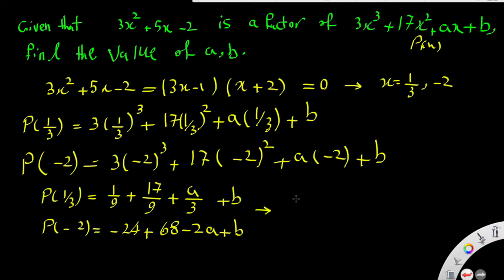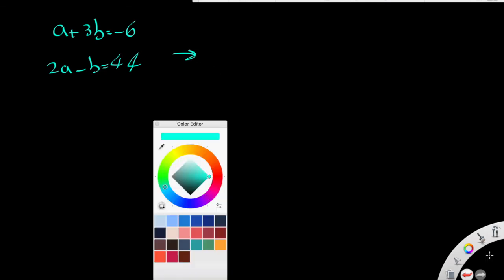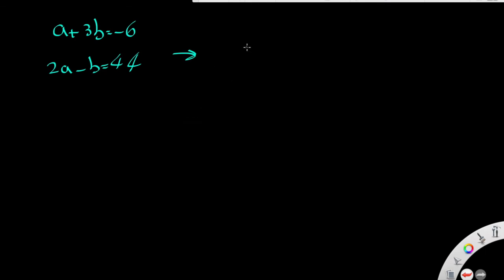After simplifying, you will have two equations: a plus 3b is equal to minus 6, and the second one will give you the equation 2a minus b is equal to 44. After solving the simultaneous equations, you will have a is equal to 18 and b will be negative 8. Thanks for watching.